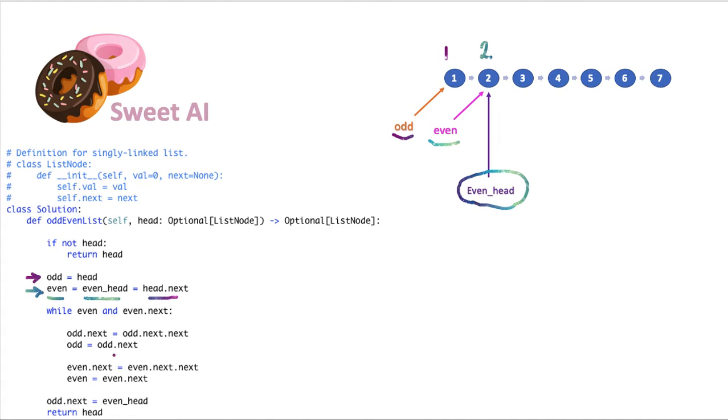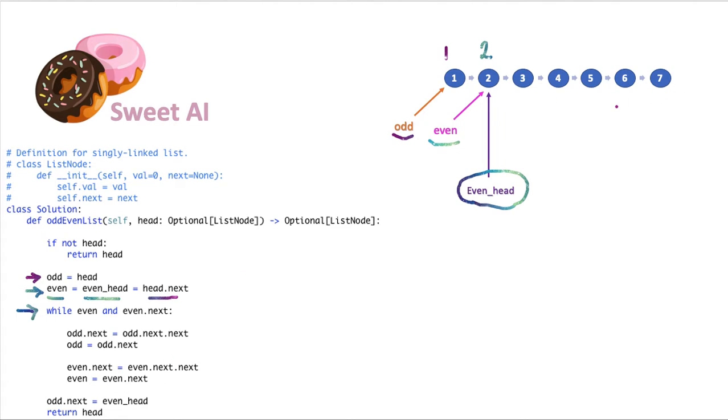So we're going to store it here. The condition for our while loop is: as long as we have a node with even index and there is a next node after the even index, we keep iterating over the linked list, right?